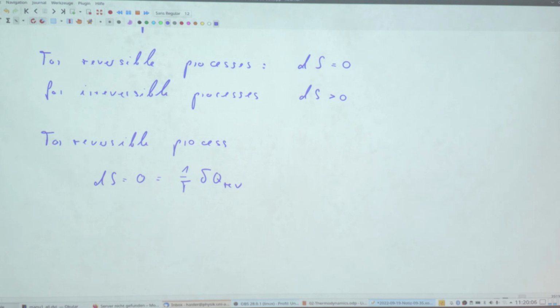And you know that the amount of heat I put in or get out is proportional to the specific heat, CV.